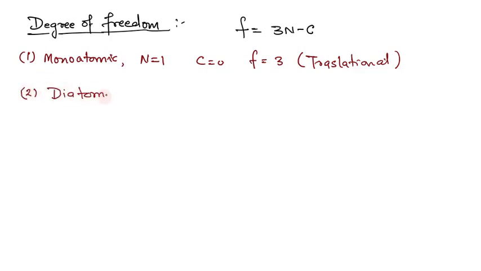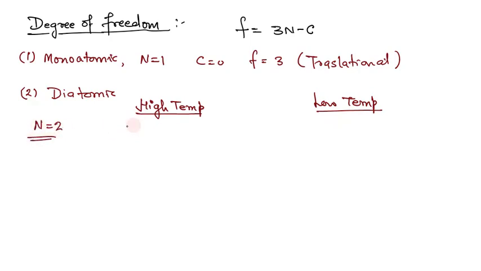Now let's go to diatomic. In diatomic there can be two cases, one at high temperature and one at low temperature, because the number of constraints changes. At high temperature the bonding can break, so the degrees of freedom increase. Here n is 2. The number of constraints at high temperature is 0.